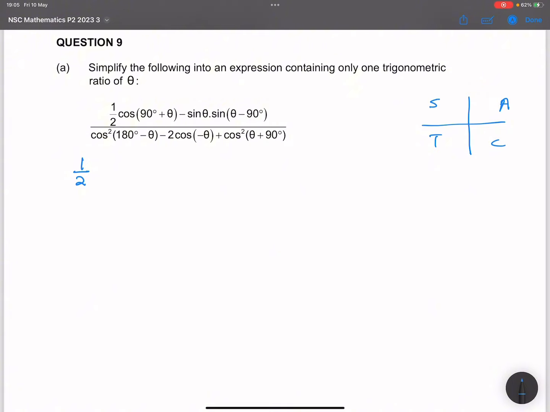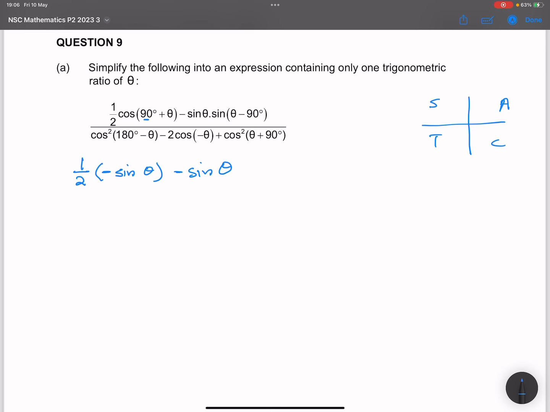How is cos in the second quadrant? That's going to be negative. So that's minus. But remember, every time you've got 90, you change to a co-ratio. So that's minus sine of theta.